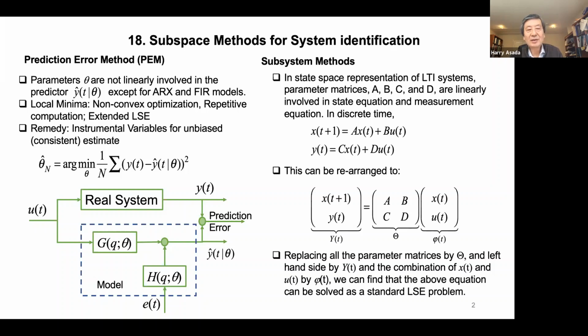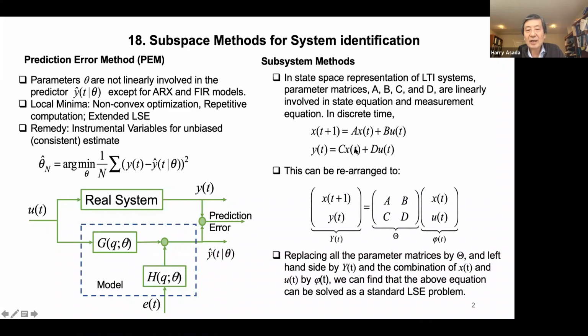Also, the obtained transfer functions need to be converted to a state space if you want to actually use state space models, right? So there's an alternative method. It's called the subspace method. Here we deal with the state equation and the measurement equation, the output equation, in discrete time form. And then we want to determine parameters A, B, C, D directly.